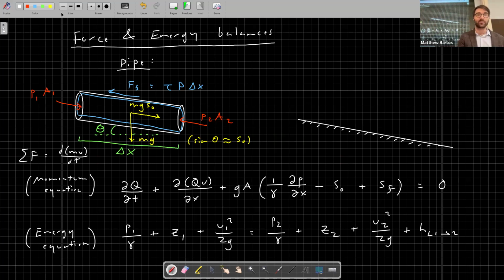Just like with the pipe, we have some angle with the horizontal of theta. We have some water level in the channel. And we can draw a control volume, just like we did for the mass balance.